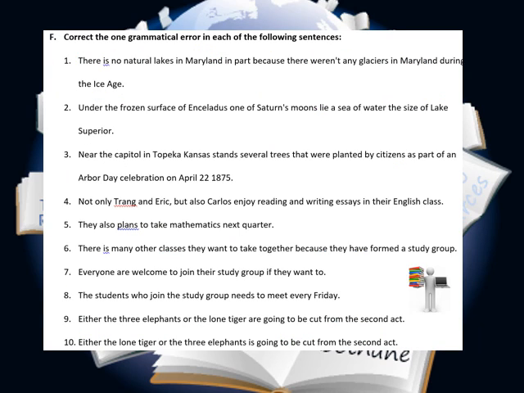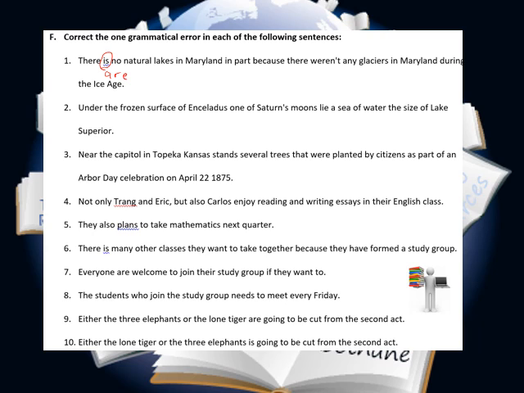Okay. Who would like to do the first one? Yes. Correct the one grammatical error in each of the following sentences. 1. There is no natural lakes in Maryland because there weren't any glaciers in Maryland during the Ice Age. It should be "are" instead of "is".